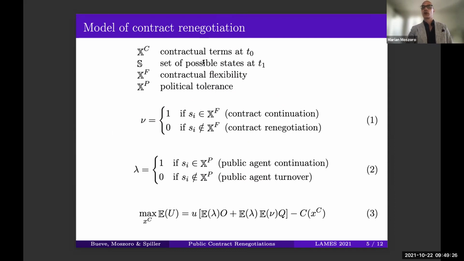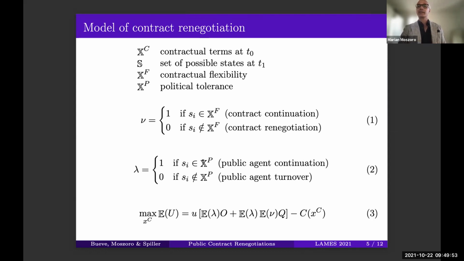We have a contractual space, a probabilistic space, with contractual features, contractual flexibility, and political tolerance. If the contract is within the contractual flexibility, the contract will continue. If it's outside of the space of contractual flexibility, the contract will be renegotiated because it's technically not viable.